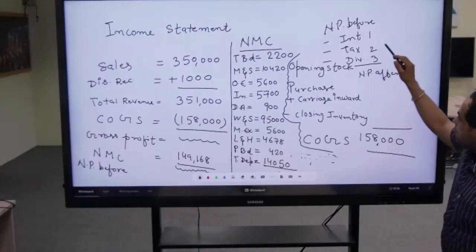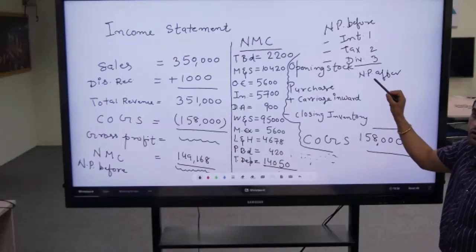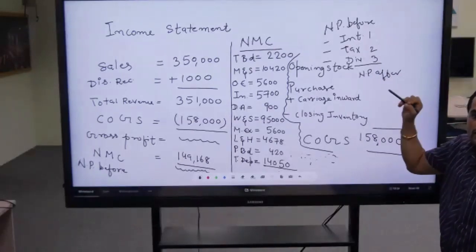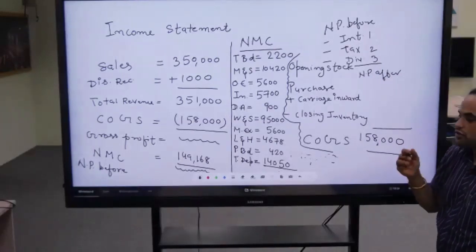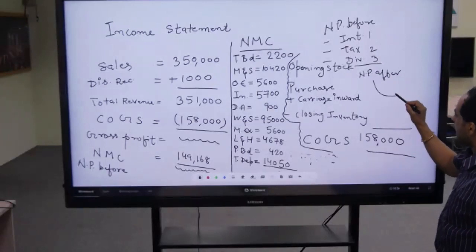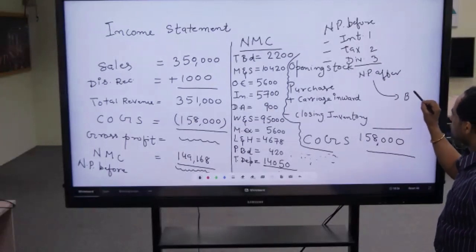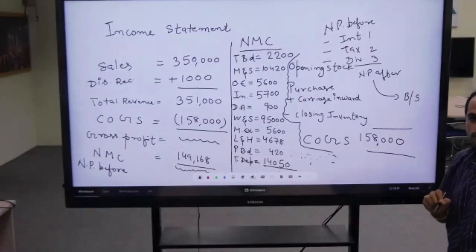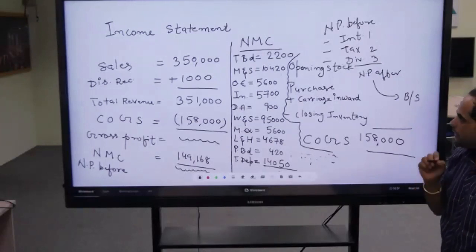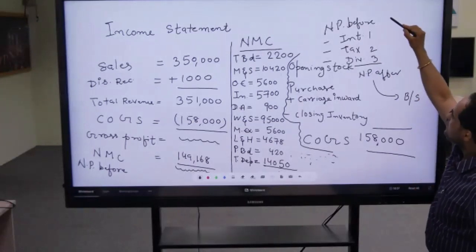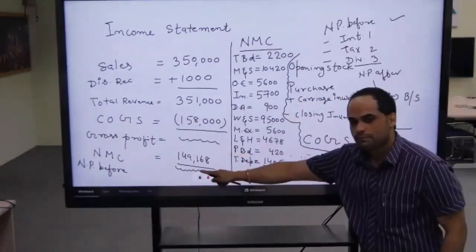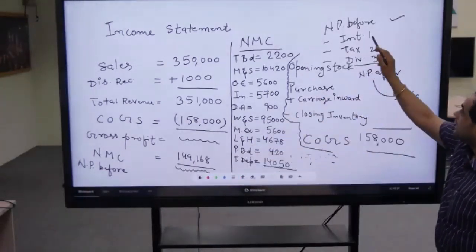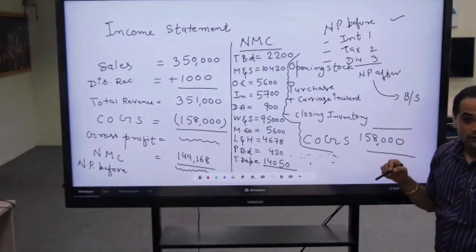After you subtract all these things, whatever number you got, that is your net profit after. And this net profit after will transfer to your balance sheet.